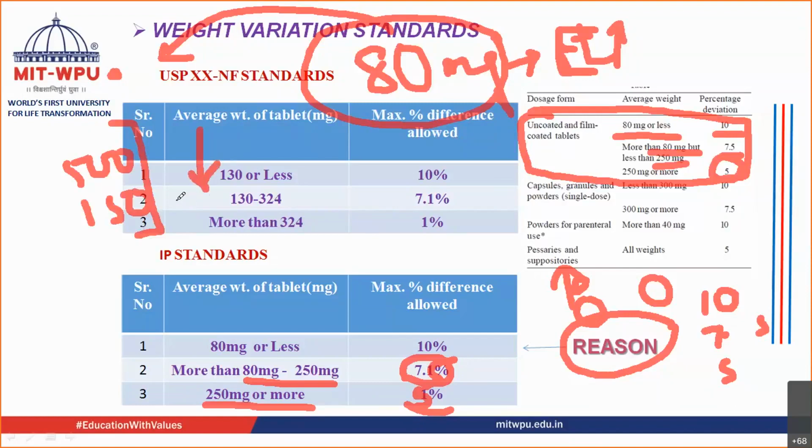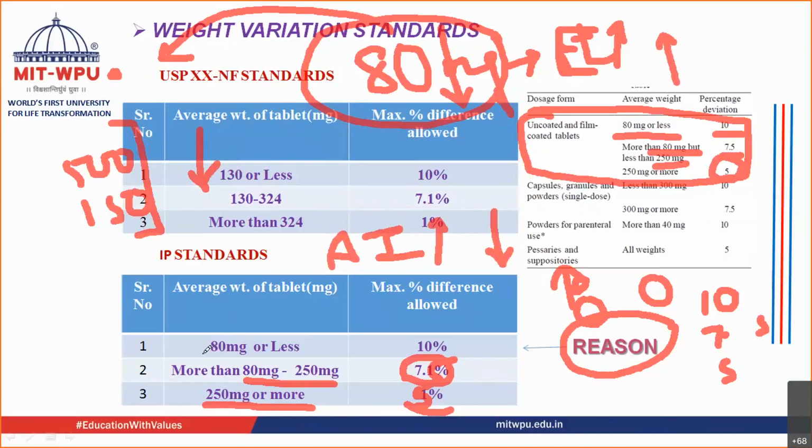It means that when the quantity of active ingredient is more, the quantity of excipient is less. In a similar manner, when the active ingredient is less, the quantity of excipient is more.